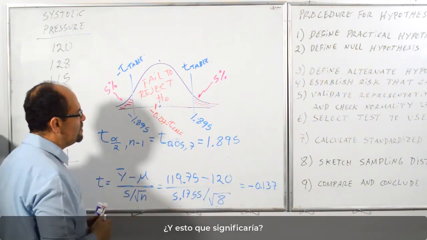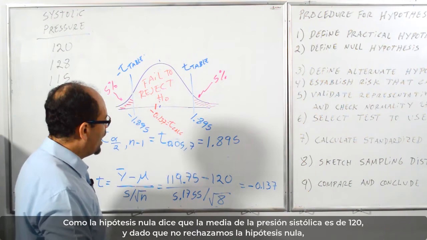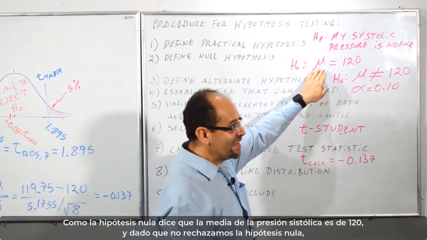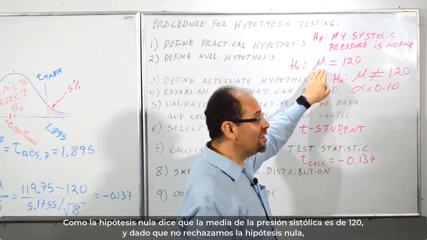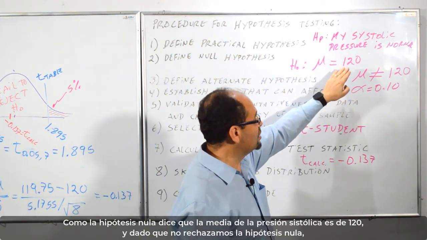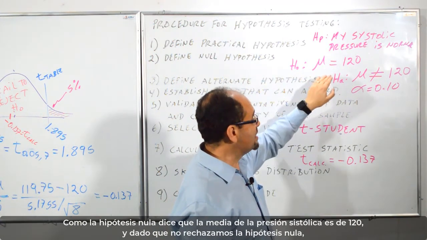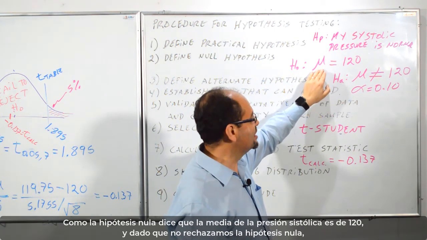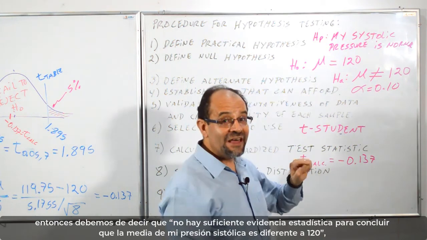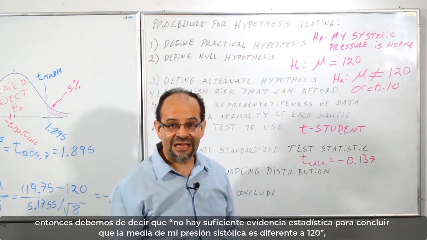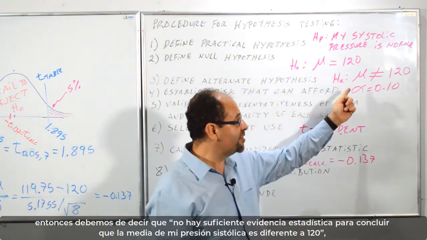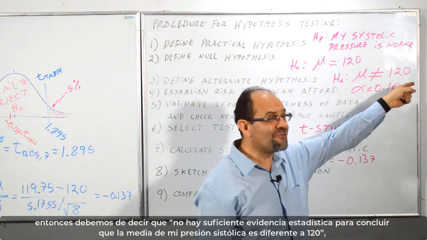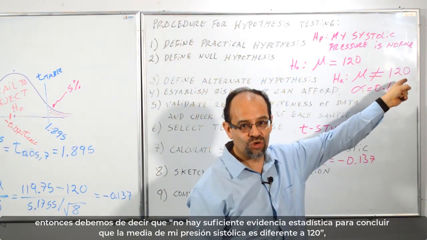And what would be the meaning of that? The null hypothesis is that the mean of my systolic pressure is 120. Since I failed to reject it, that means that there is not enough statistical evidence to conclude that the mean of my systolic pressure is different than 120.